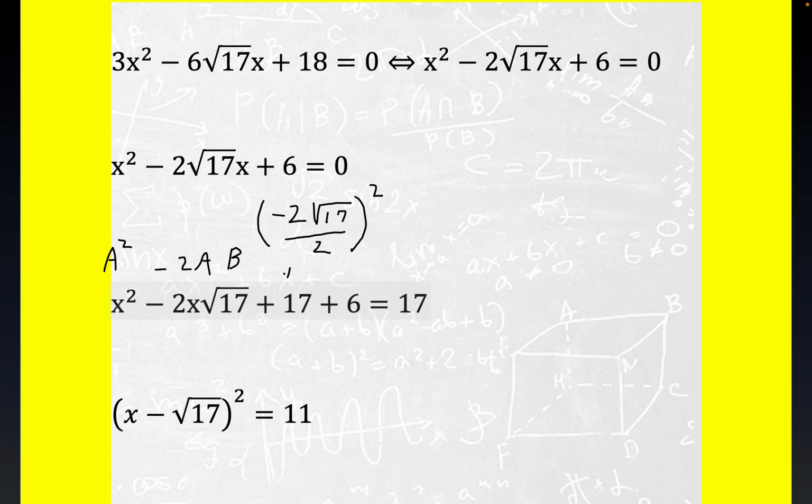This is plus b squared right here. And of course, that's the same thing as a minus b quantity squared.